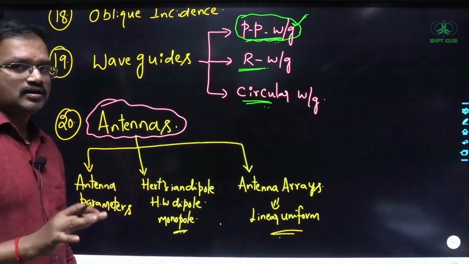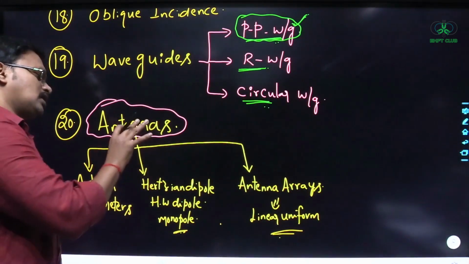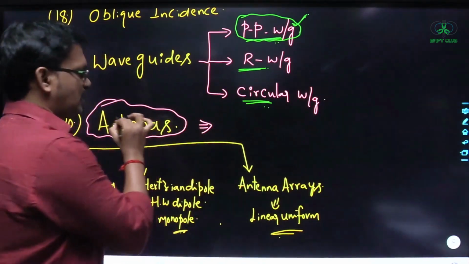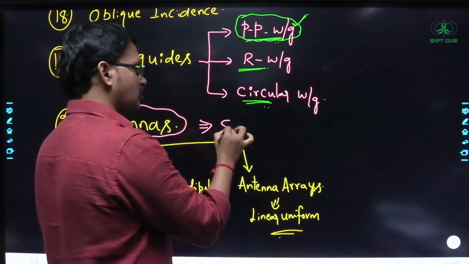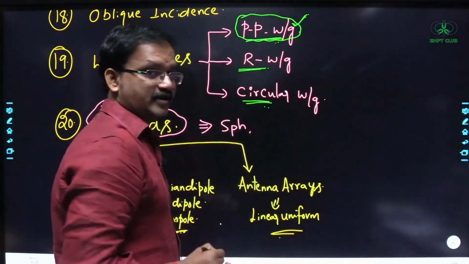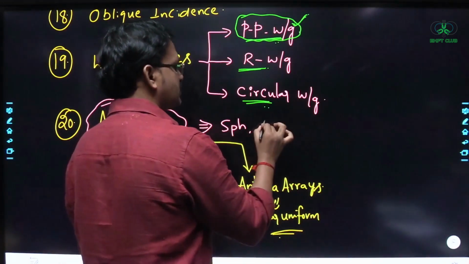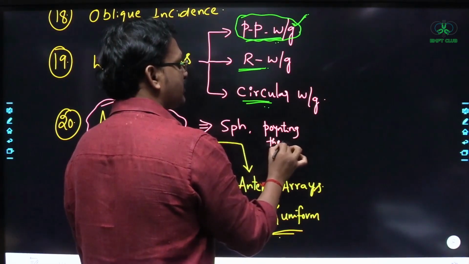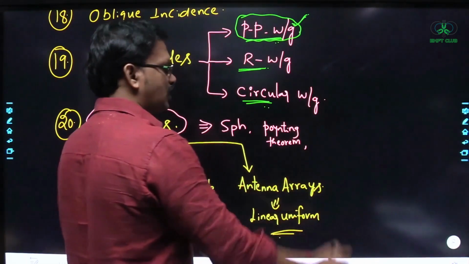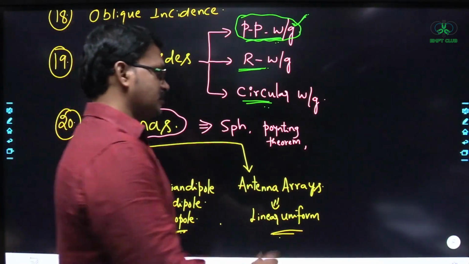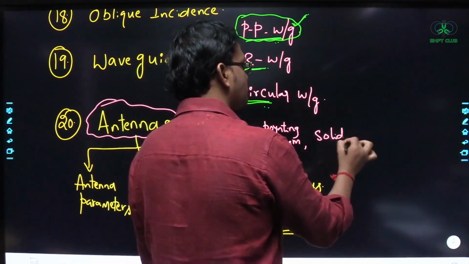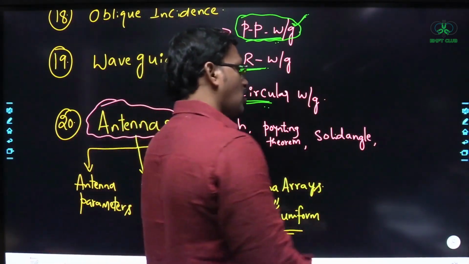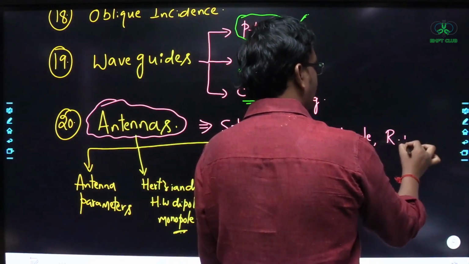You have to learn some basic concepts in order to understand the antennas topic. First of all, you have to understand the spherical coordinate system. Once you understand that, you have to understand the Poynting theorem in a crystal clear manner. Next you have to understand the concept of solid angle, and then the concept of radiation intensity.